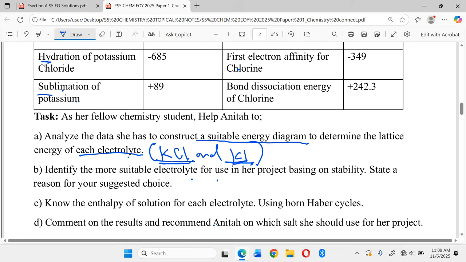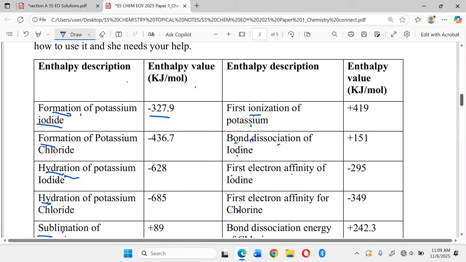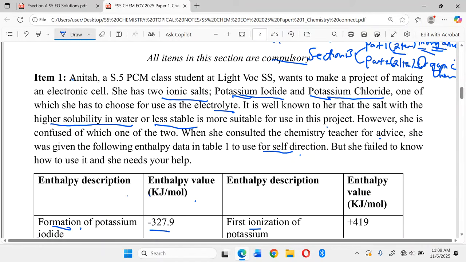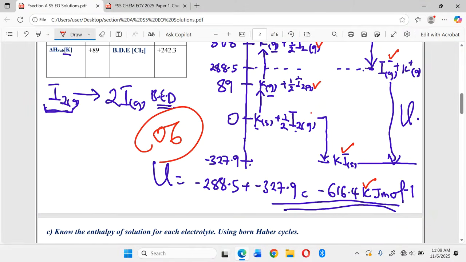So, how do you know the best electrolyte? You come back to the scenario. Let's look at the scenario here. They say that it is well known to her that the salt with higher solubility in water or less stable is more suitable for use in her project. So they're saying that the one which is less stable or the one with the higher solubility. Now let's look at ours here.